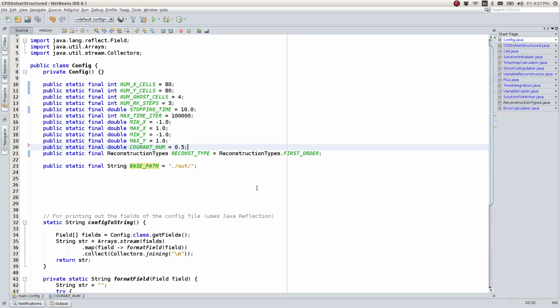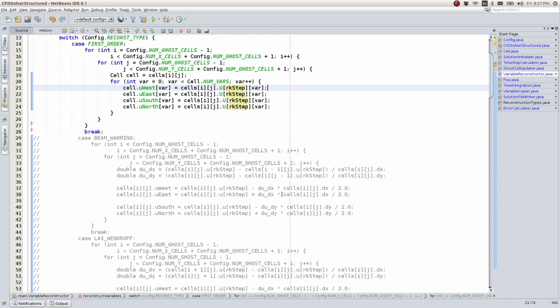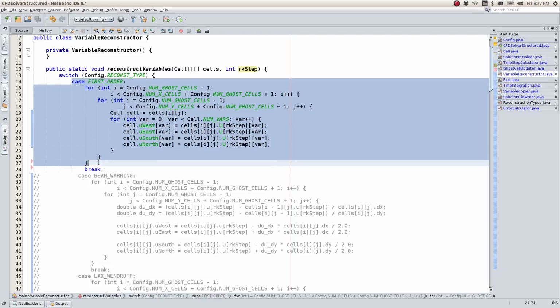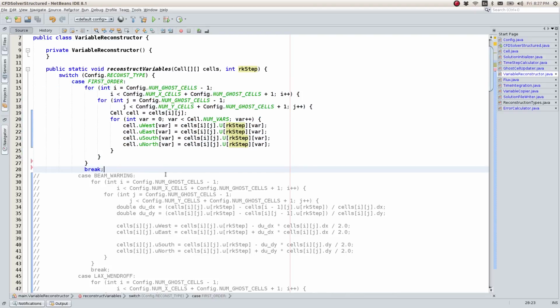Okay, to continue, there are a couple of things that still have to be done in this code for completion. The first thing is the variable reconstruction. Now we are only reconstructing with the first order method, which is not that accurate.